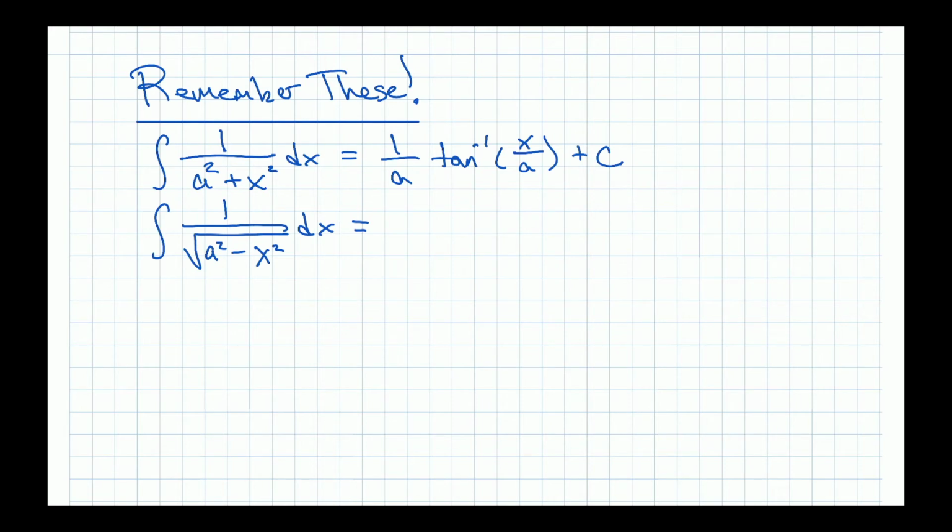Now, just have to double check this here real quick. Hold on a second. For some reason, I always forget. Yeah, okay, that's right. So it turns out that the sine inverse does not have a 1 over a out front, which makes it different than the other two.